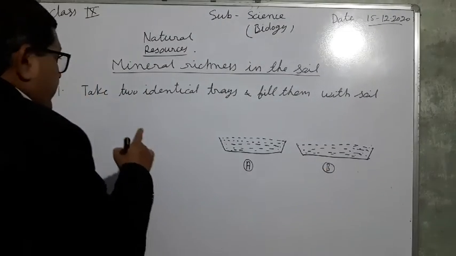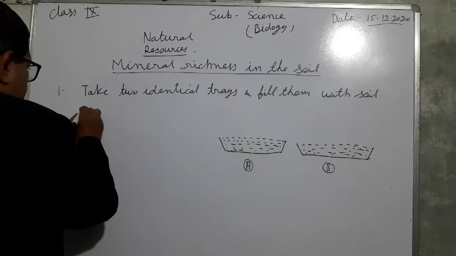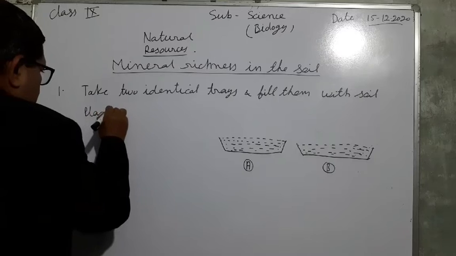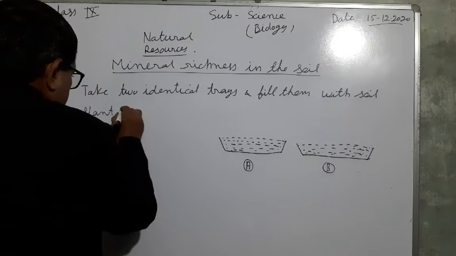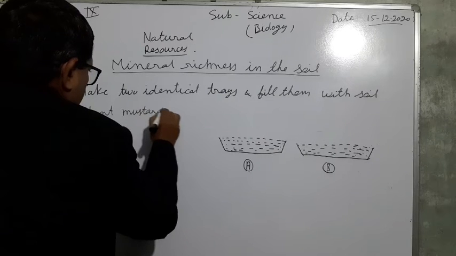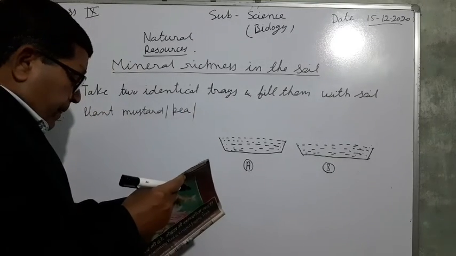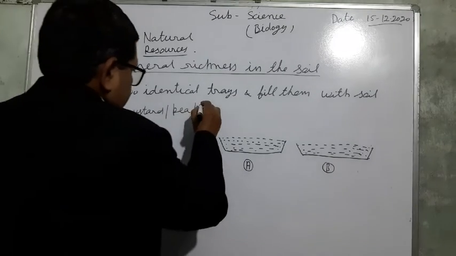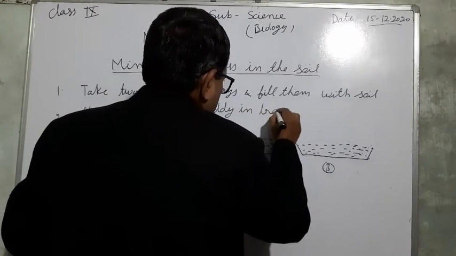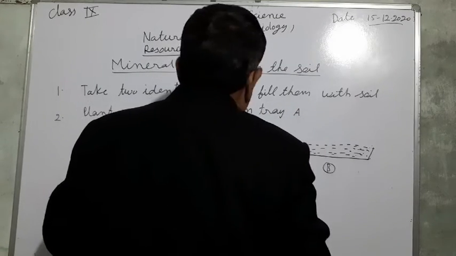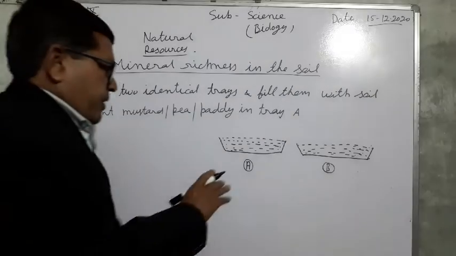So first, take two identical trays and fill them with soil, and second, plant mustard, pea or paddy in tray A. Not both trays, only one.